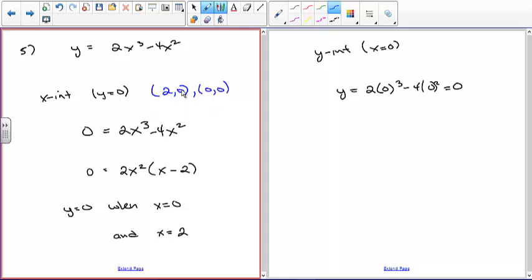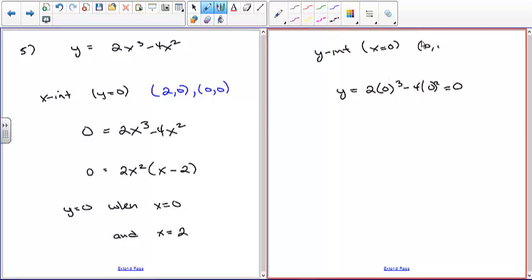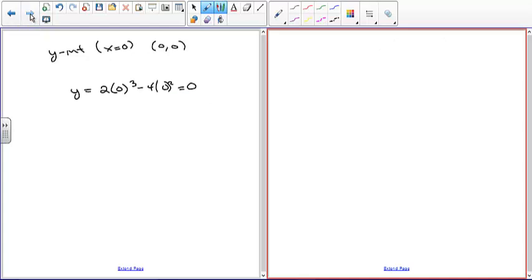Both of these have y equals 0, there's two cases of x. Over here you have 0, 0. So this is both a y and x intercept. Okay, so that's how those kinds of problems work.